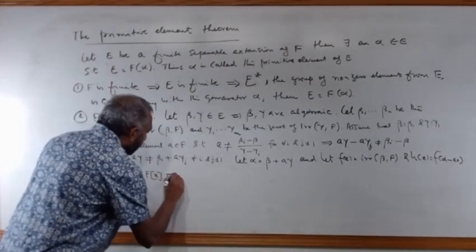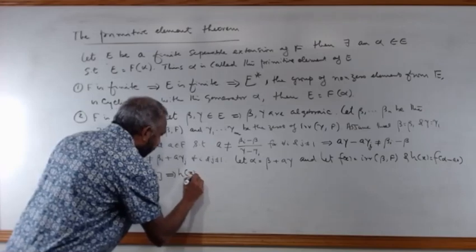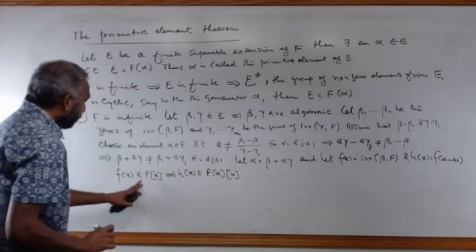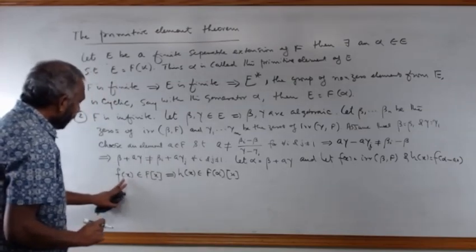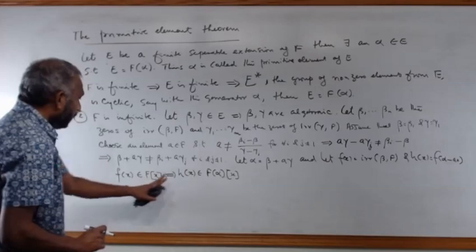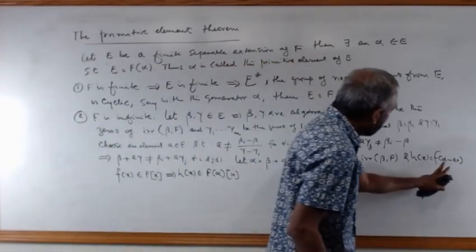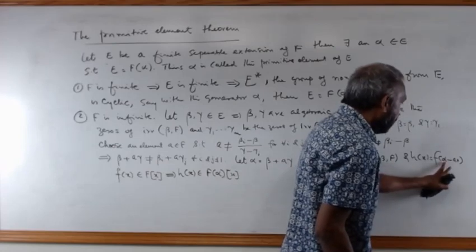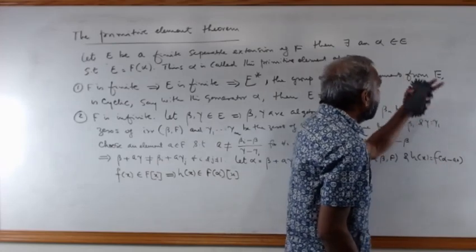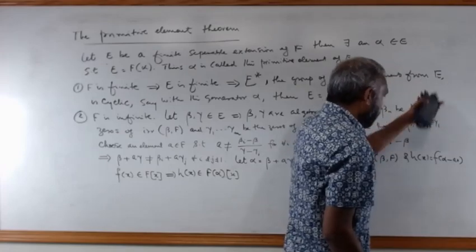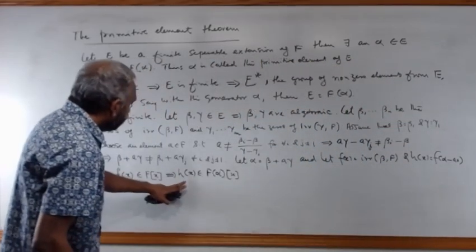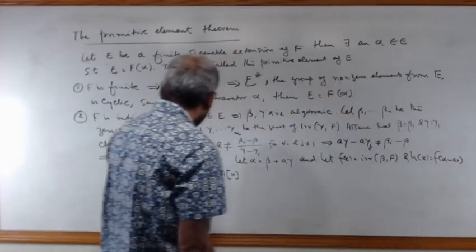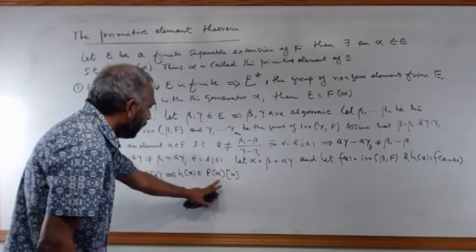That means h of x belongs to f of alpha of x, because the only difference between h of x and h of x is the introduction of alpha. A is already in f, so alpha is not in f, it is actually outside f in E. So when we are replacing x by alpha minus ax, this polynomial will be in here.